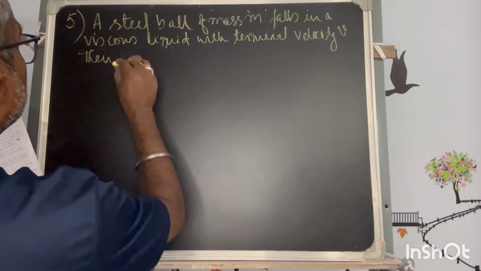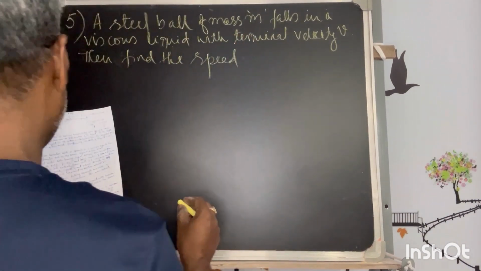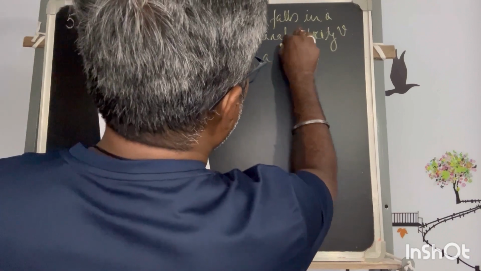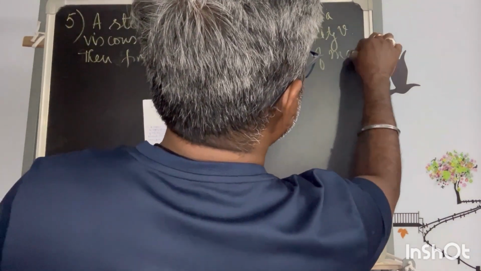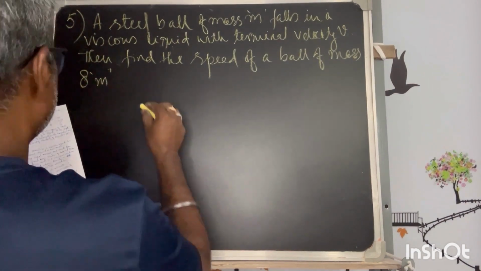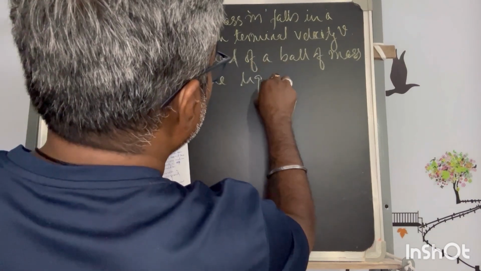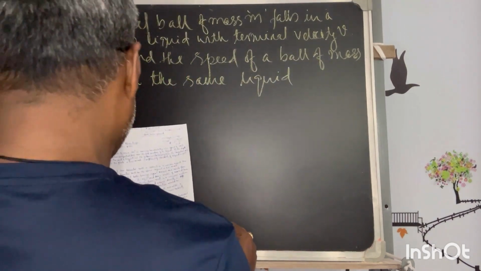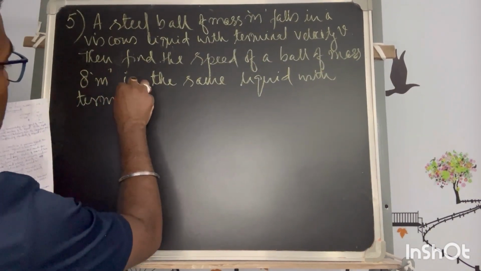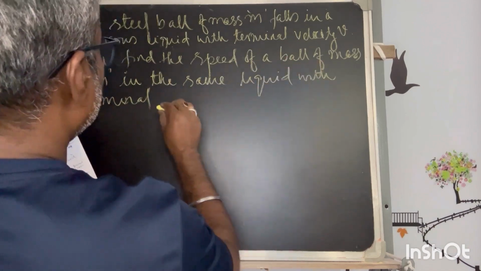So find the speed of a ball of mass 8m in the same liquid with terminal velocity.